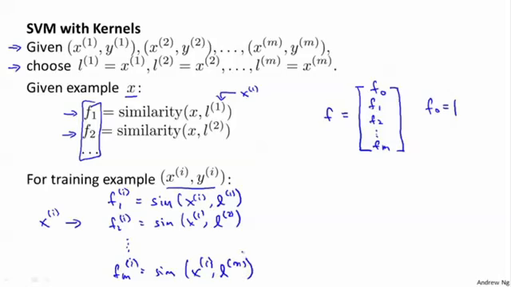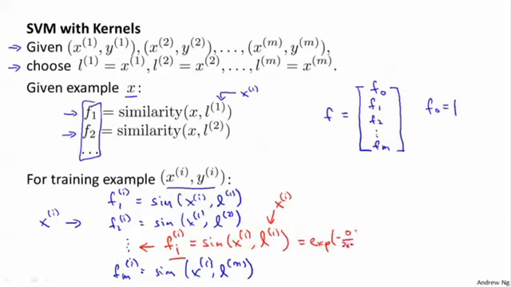And somewhere in this list, at the i-th component, I will have one feature component, f subscript i, which is the similarity between x and Li, where Li is equal to xi. So fii is just the similarity between x and itself. If you're using the Gaussian kernel, this is e to the minus 0 over 2 sigma squared, so this will be equal to 1. And that's okay. So one of my features for this training example is going to be equal to 1.